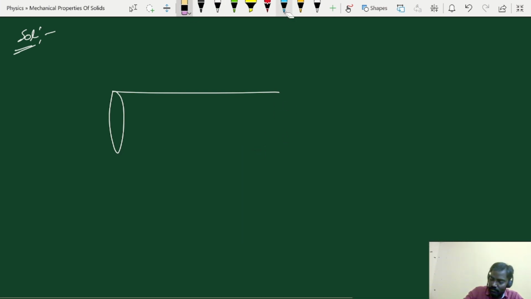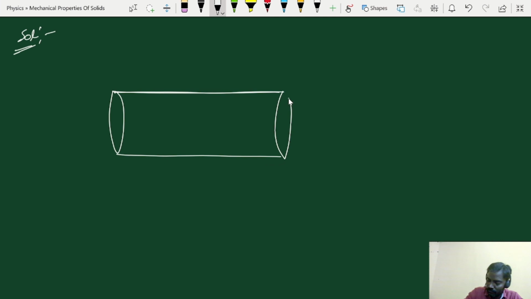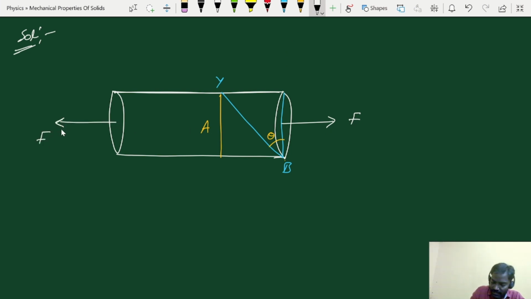So here, see, the given data is: transverse cross sectional area is A, and section YB is making an angle theta with the transverse cross section. Forces acting are of equal magnitude on both the ends.